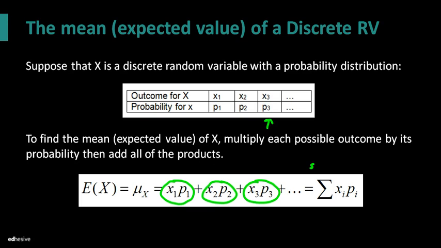Remember this weird looking E is the sum. So we just take the sum of each individual outcome times the probability of that individual outcome. That's what those i's are for. So if we take each individual outcome times its probability, and sum all of those together, we get the expected value for that random variable. And again, there are 2 symbols here: E for the expected value of the random variable X, or we could use mu, the mean of that random variable.